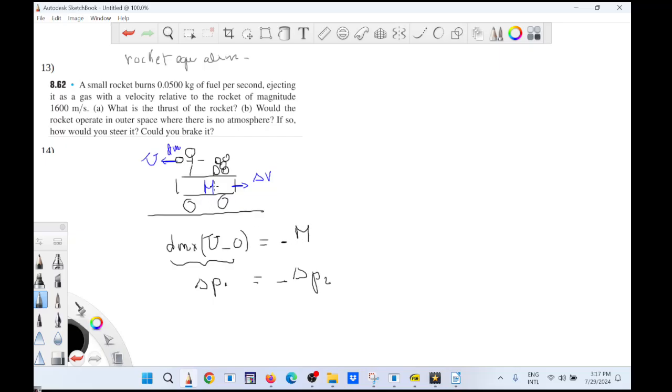So this is like a rocket, and this is like a gas, the little bit of gas being ejected. So it will be the mass here times delta V. So we get the equation, which is dm times u equals minus M delta V.